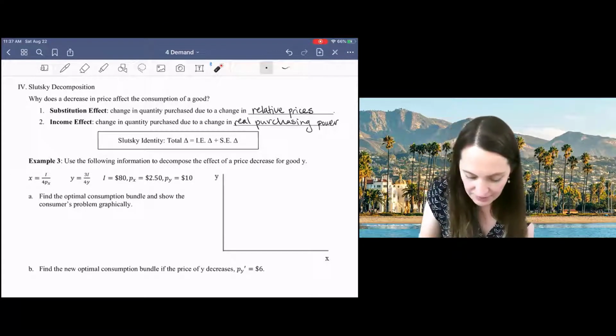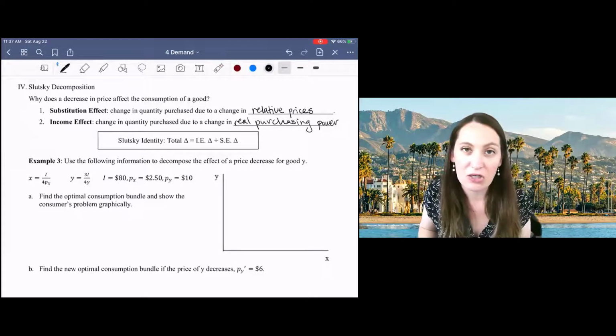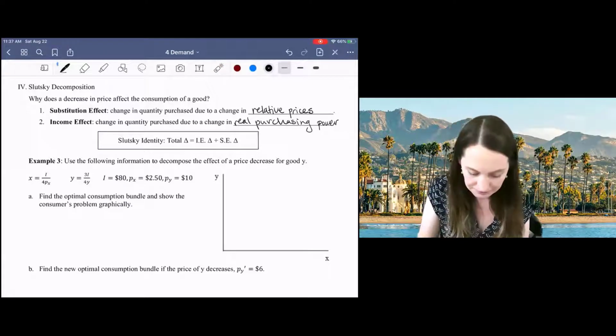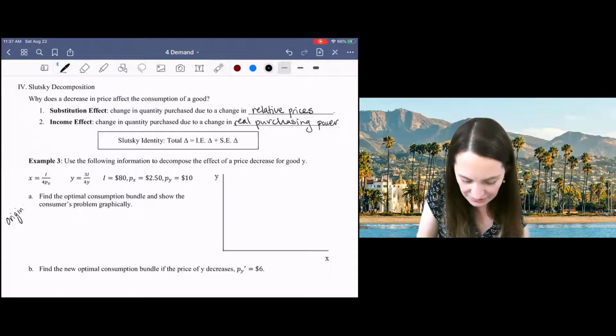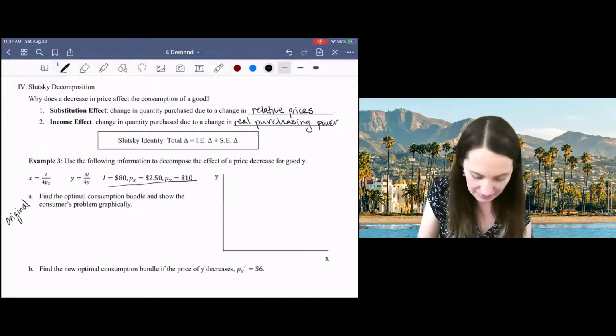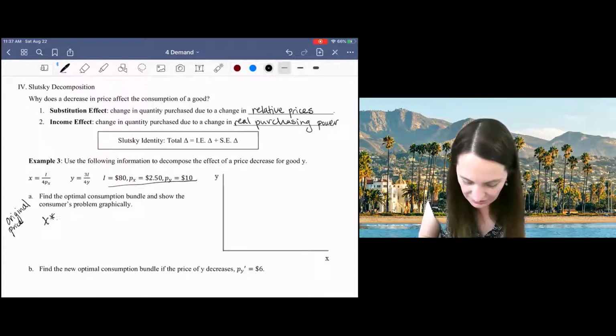To find the optimal consumption bundle at the original prices, we are going to just plug in our values for income and prices to our demand equation. So this is pretty easy here. We've got 80 over 4 times 250, which is 80 over 10.